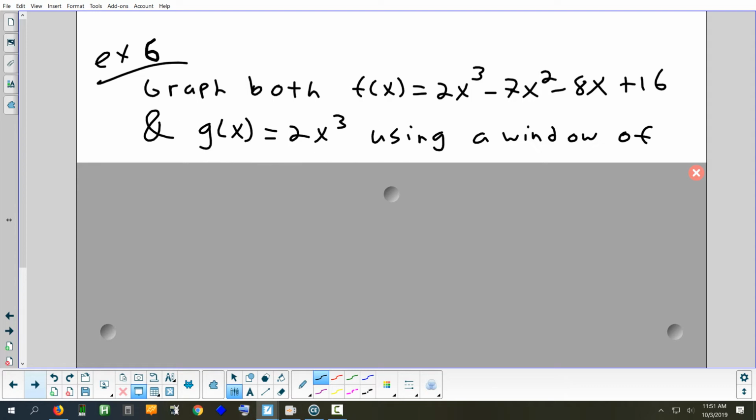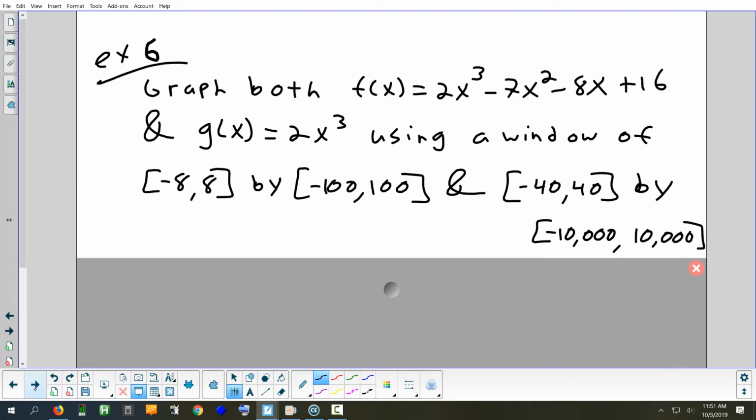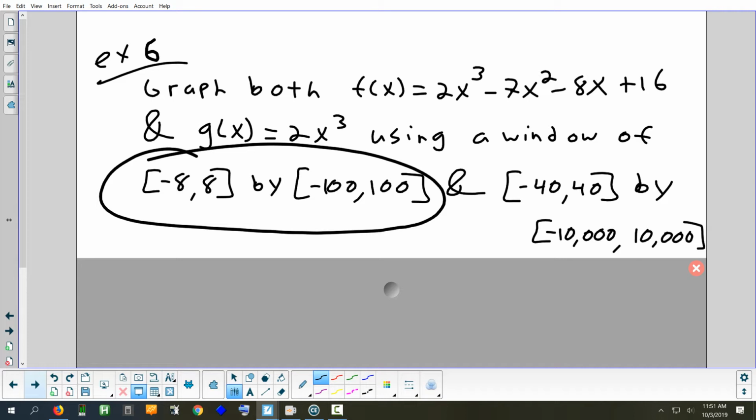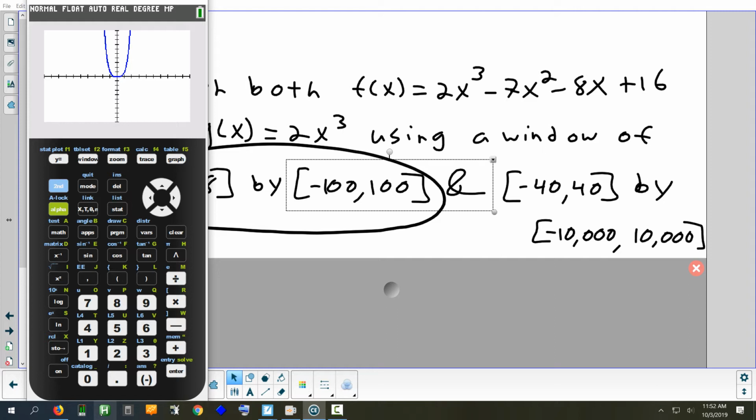Yeah. So here's the original, here's the EBM. They want us to graph it 2 times. First, graph it using those numbers, and then graph it using those other ones. Remember, in order: x min, x max, y min, y max. Always.